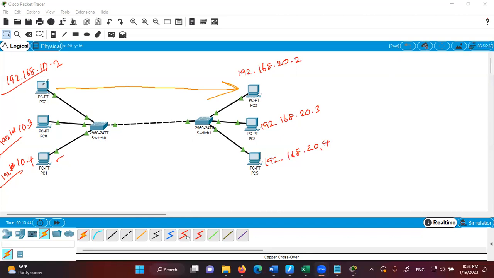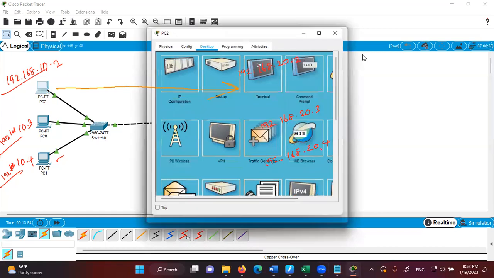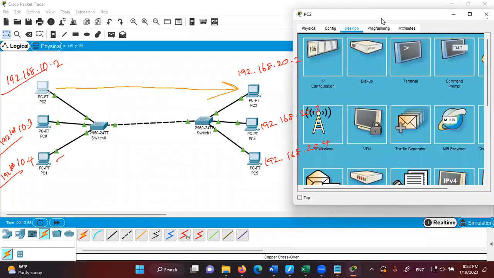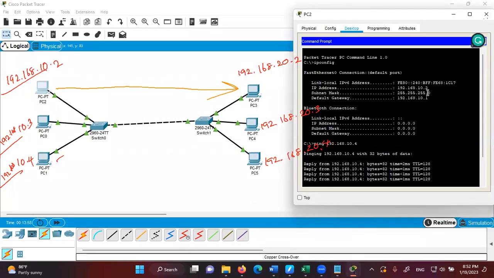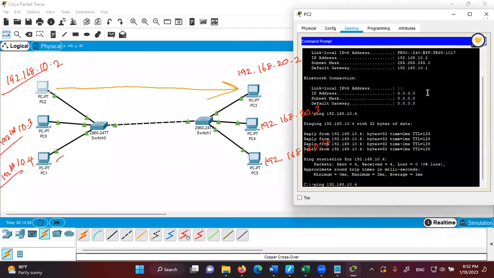So then from this computer, I should be able to reach this one because the network is okay now, right? If I try that, I go to command prompt and give a ping. It's 20.2.